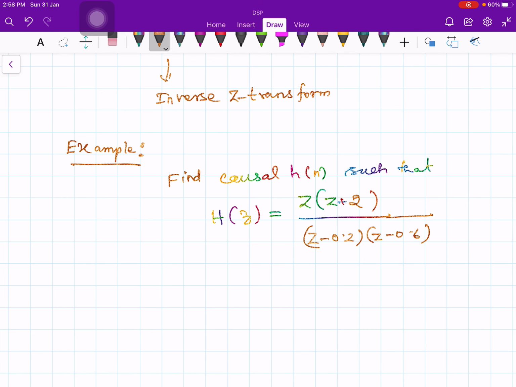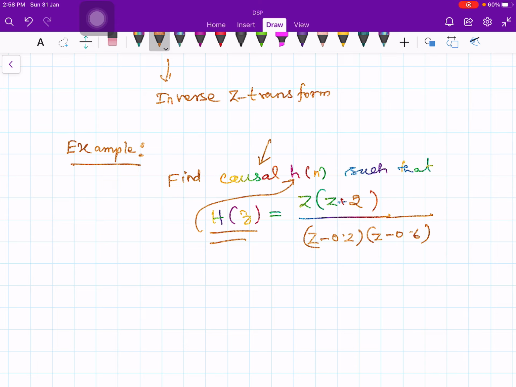Okay, so this is a given problem. From this H of z I need to find out h of n through inverse Z transform, and the important point to note down is causal sequence. Causal sequence means it is a right sided sequence.